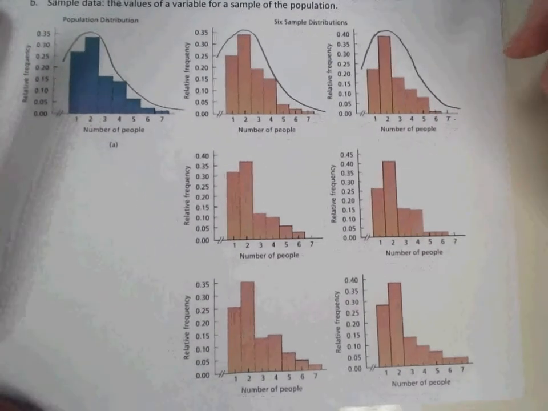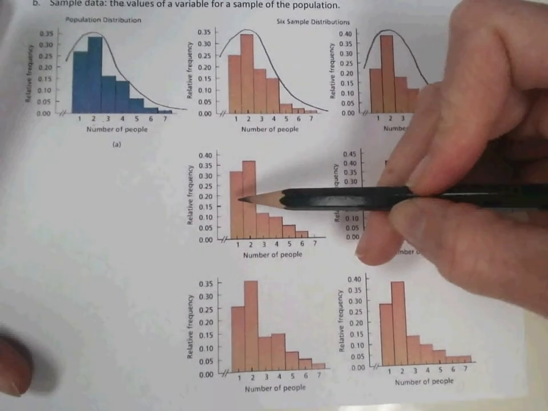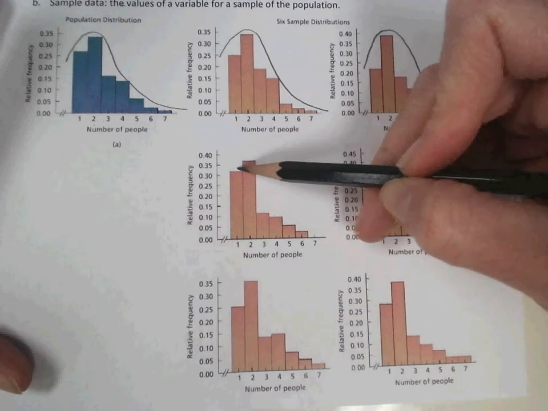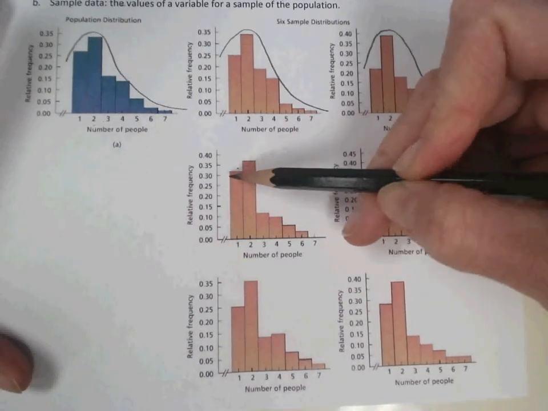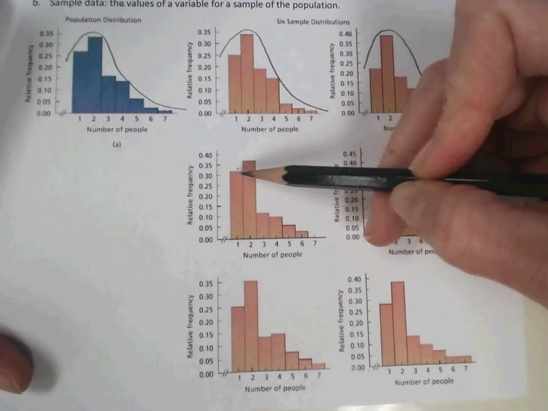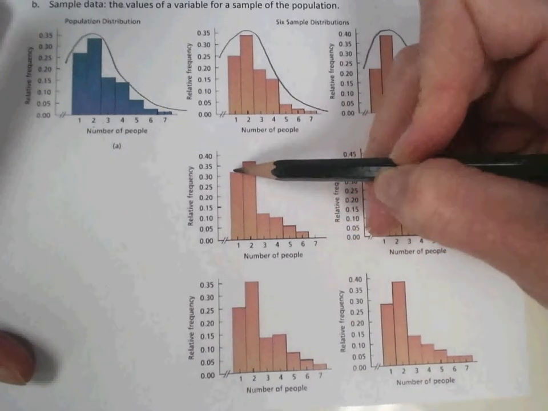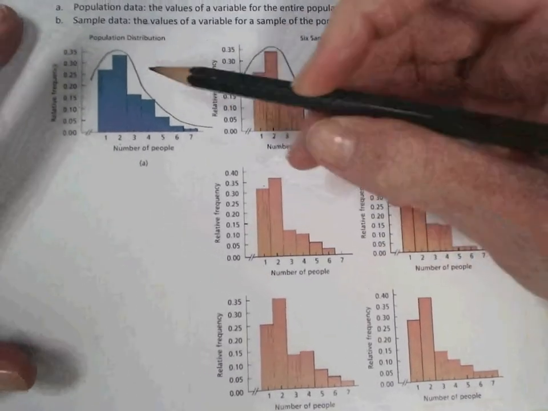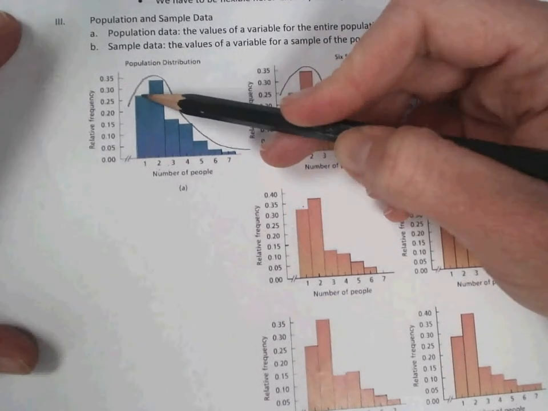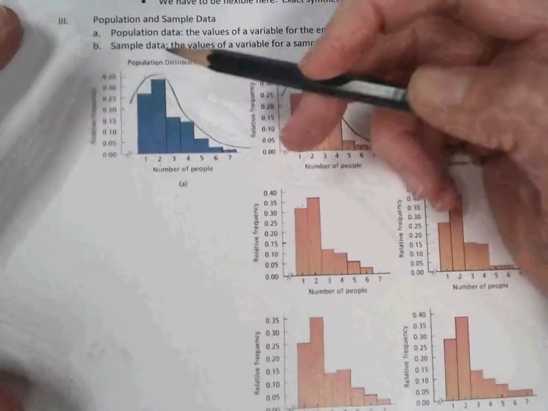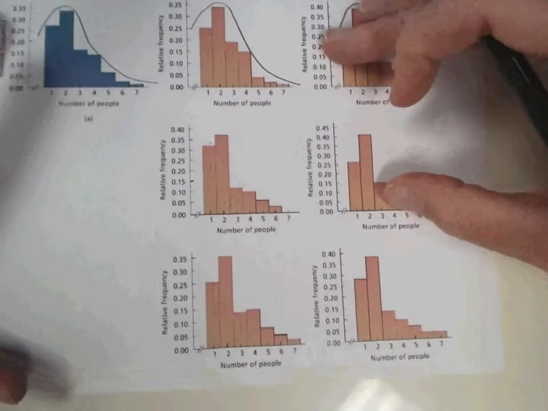Whereas the number of households with 1 person stands here at about 33% or 33 hundredths of the people, almost a third, and then over here it's close to 26% for the entire population.